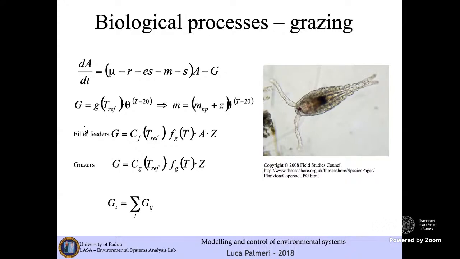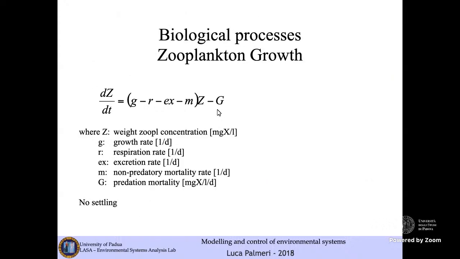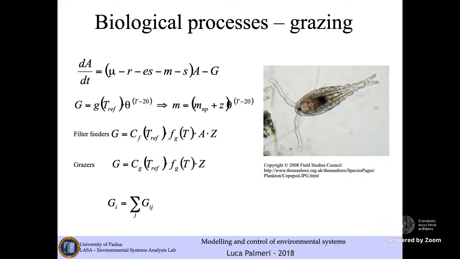How do we model that? We model that by saying that the grazing effect is equal to the concentration of filter feeders at the reference temperature, multiplied by a limiting function of the temperature, multiplied by the concentration of algae and the concentration of the filter feeders.